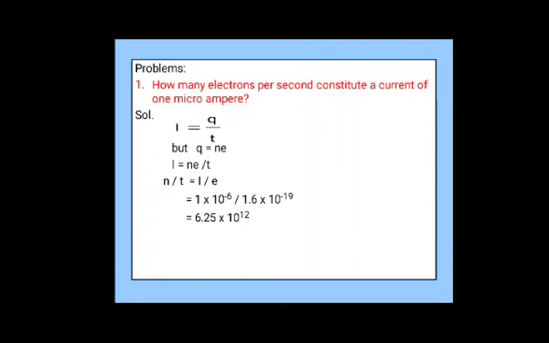Then, if you simplify this, 10^-19 you will shift to the numerator, it becomes plus 19. If you take 1 divided by 1.6, your answer will be 0.625 × 10^13. If you shift the decimal point by 1 digit, your answer will be 6.25 × 10^12. So, how many electrons per second constitute a current of 1 microampere? 6.25 × 10^12.